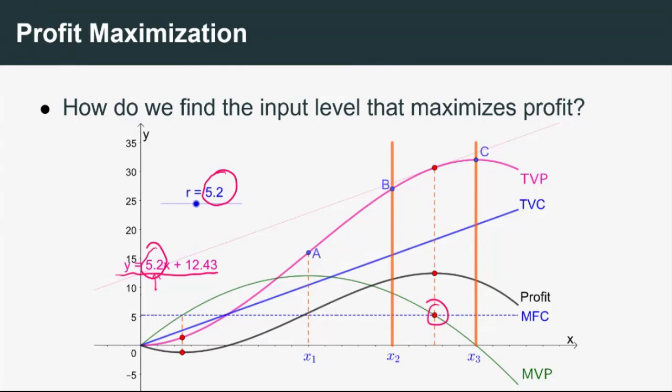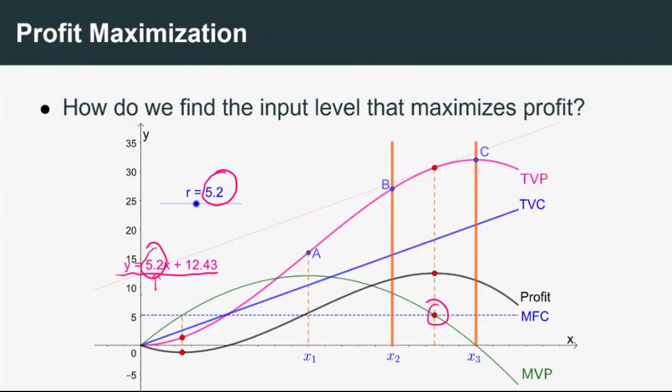So I do want you to remember this: profit is maximized, or the difference between TVC and TVP is the max, when the slope of TVP, or the slope of the tangent line of TVP, is equal to the slope of TFC.